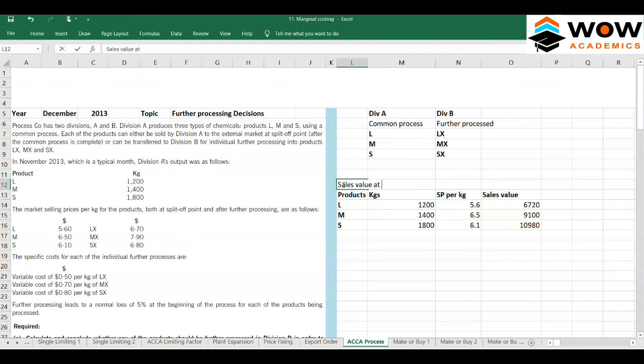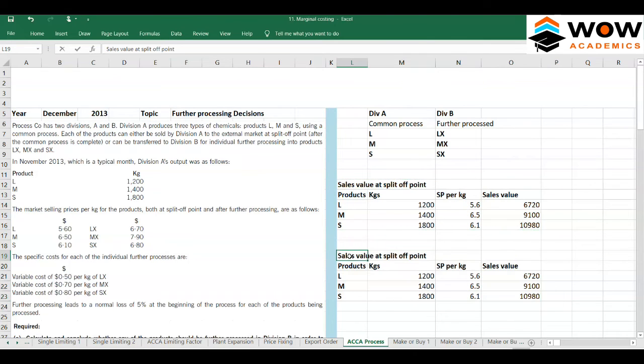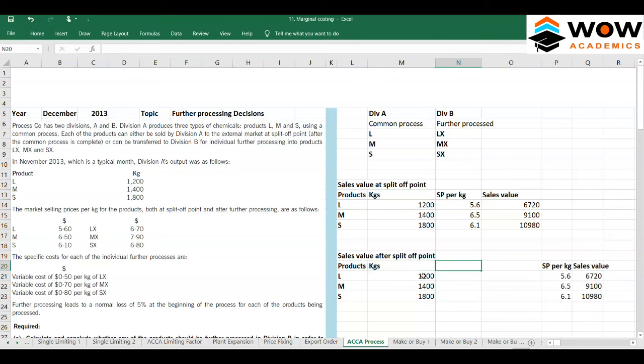We will copy the same and work out the values after split-off point. The kgs actually will not be the same, so they will lose some value. Here there will be some normal loss.